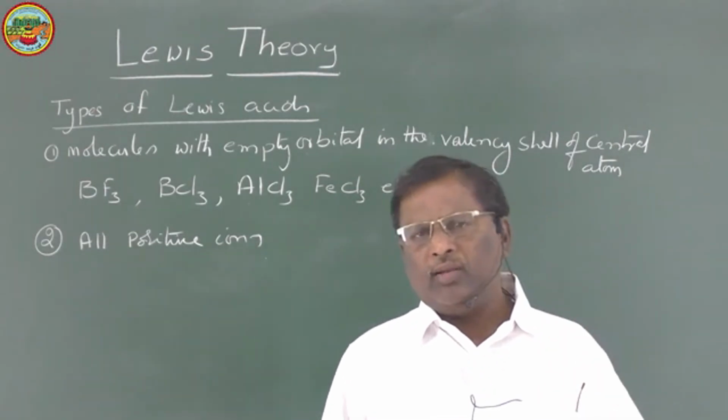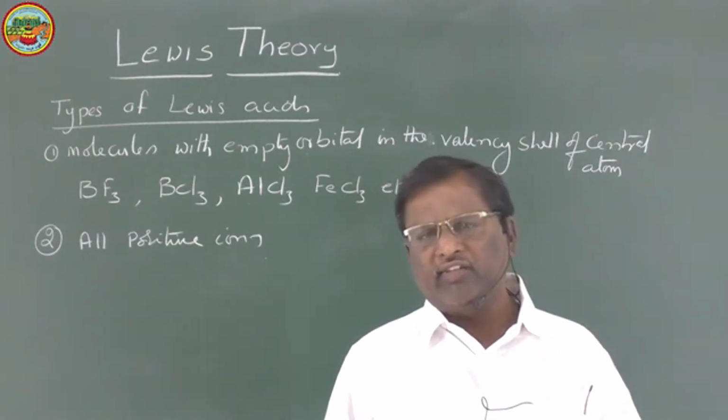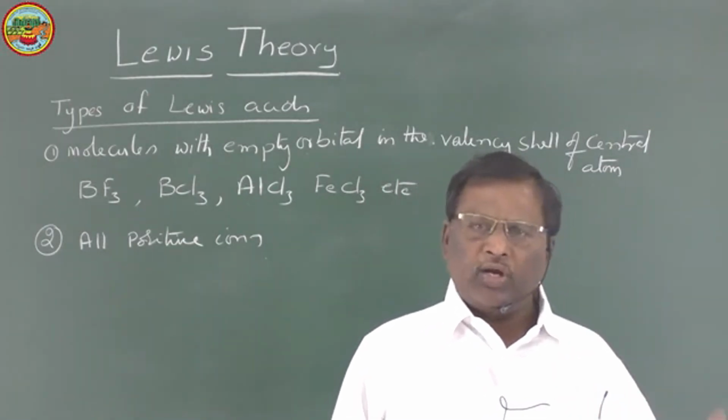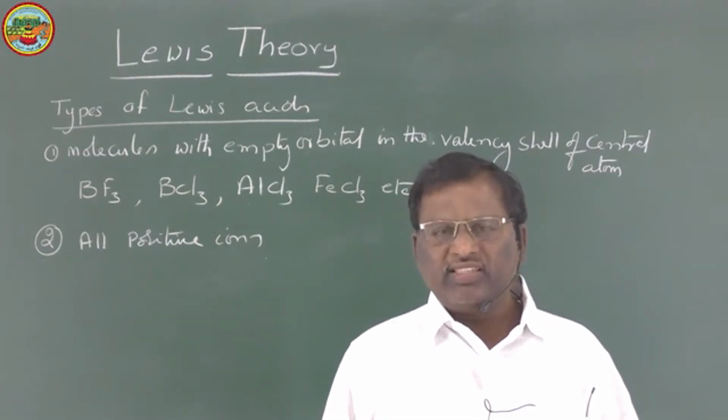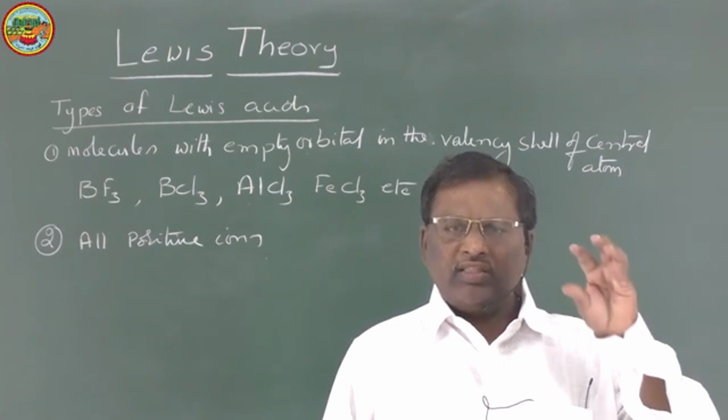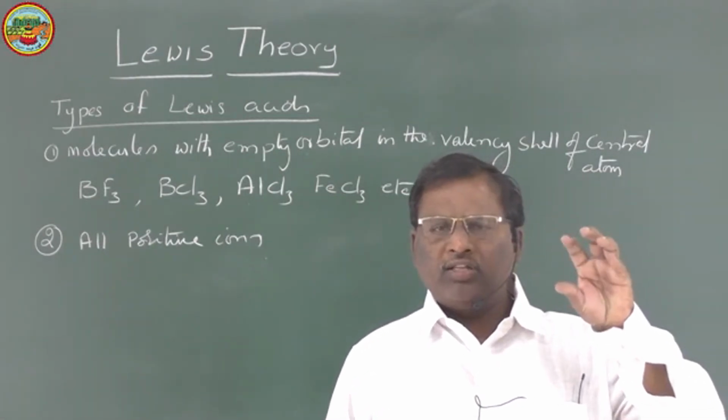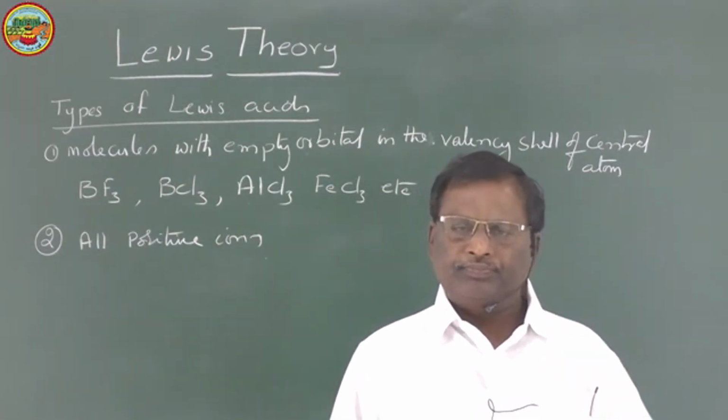Similarly, all d block elements have empty d orbitals in their valency shell. So all d block elements and their ions are considered as Lewis acids because they have empty orbitals in their valency shell.